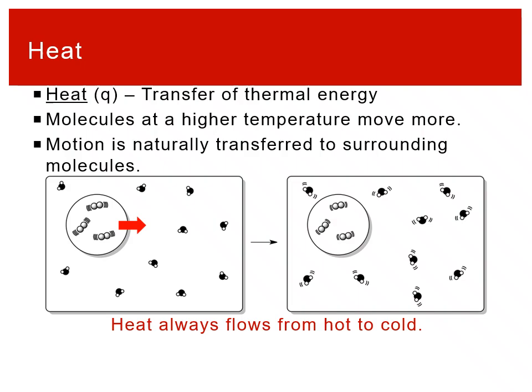The thermal energy corresponds to the motion of molecules. One of the things we want to always remember is that temperature corresponds to average motion. So higher temperatures mean the molecules are moving more. If you have an object that is at a high temperature, its molecules are moving a lot. So this ball is hot, and these lines represent motion.